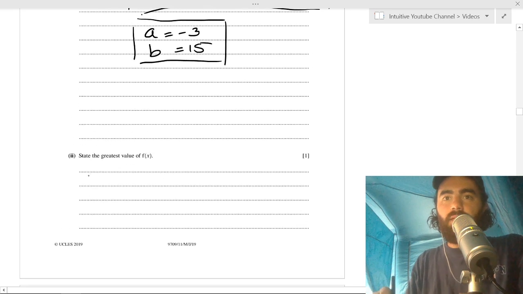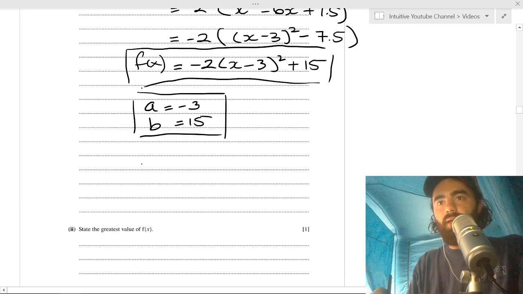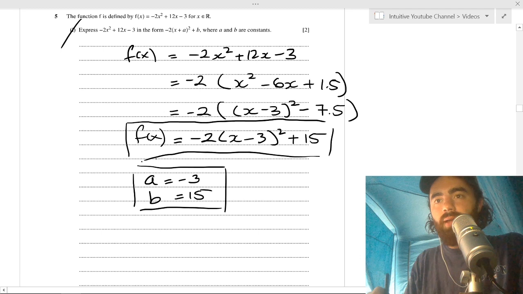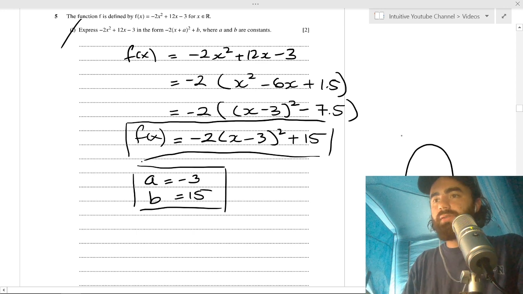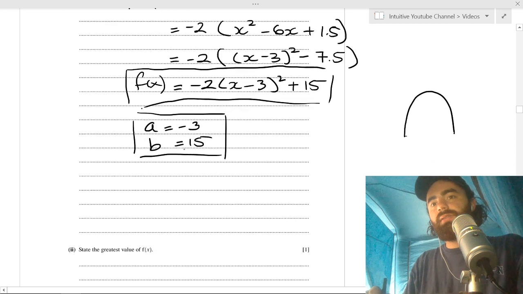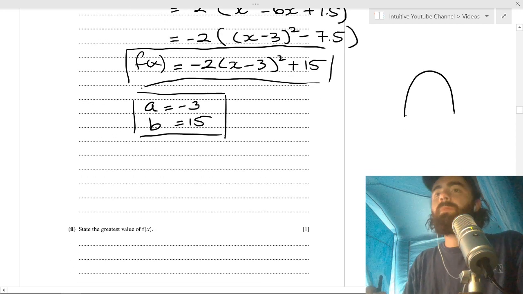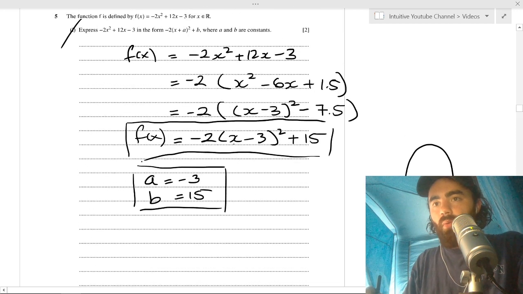Let's continue. State the greatest value of f of x. Well, because this is a negative here, the parabola will be like this. So the greatest value is when f of x is at the maximum, which is going to occur when x equals 3.